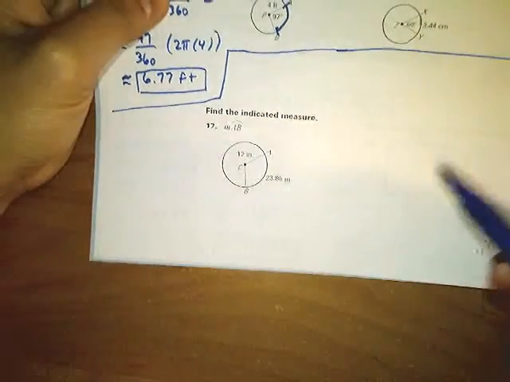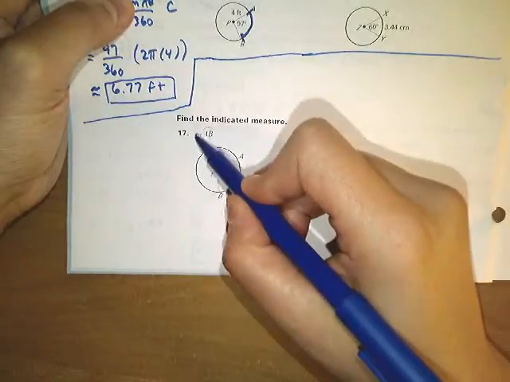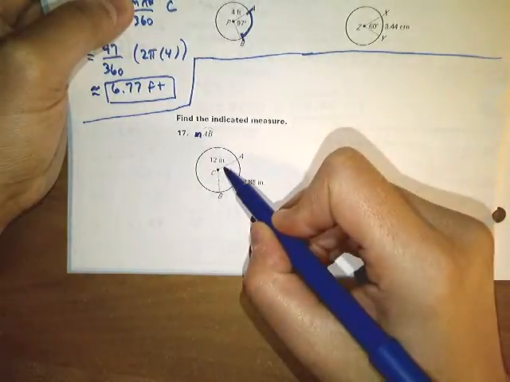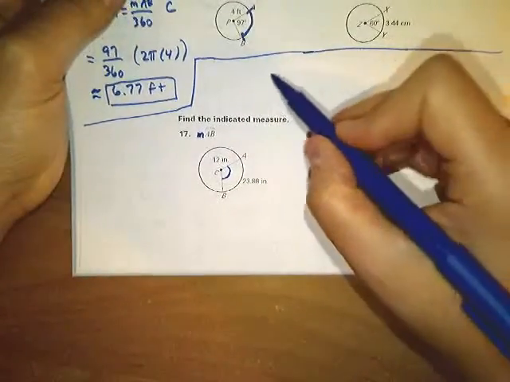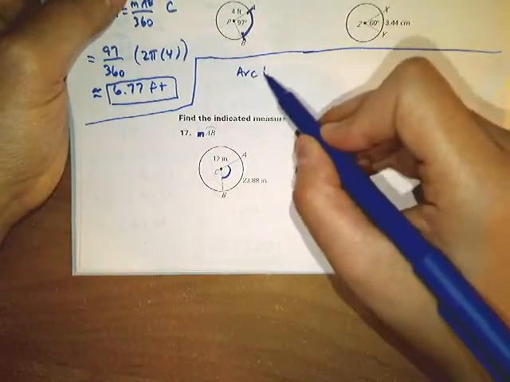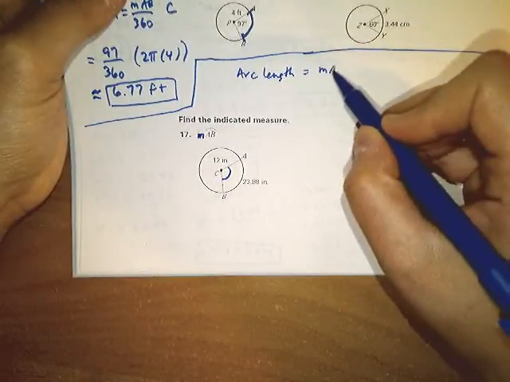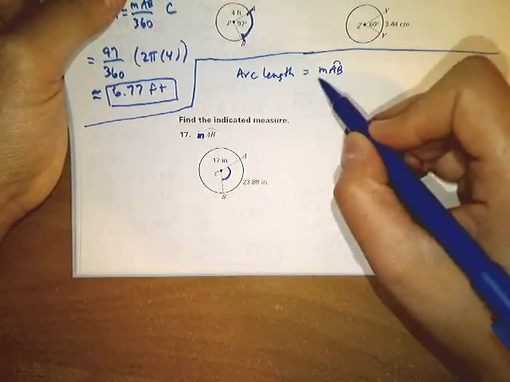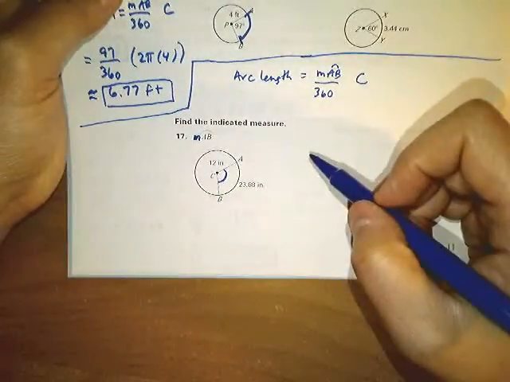Okay. So number 17, they want us to find the measure. See the M here? That means they want us to find the angle in here. So we're going to use the same formula. Arc length equals the measure of the arc in degrees divided by 360 times the circumference.